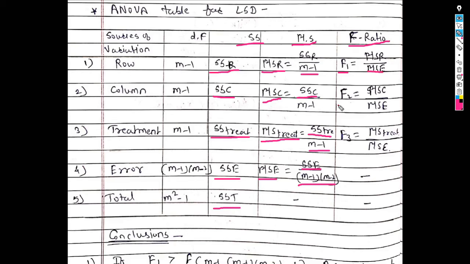For column, we denote the F ratio by capital F2, defined as MSC upon MSE. Similarly, for treatment, we get variance ratio capital F3, defined as MS treatment upon MSE.